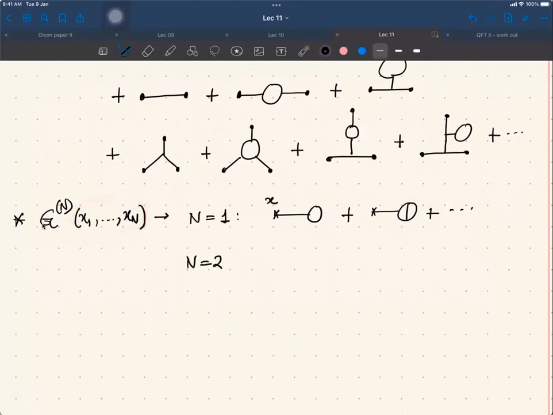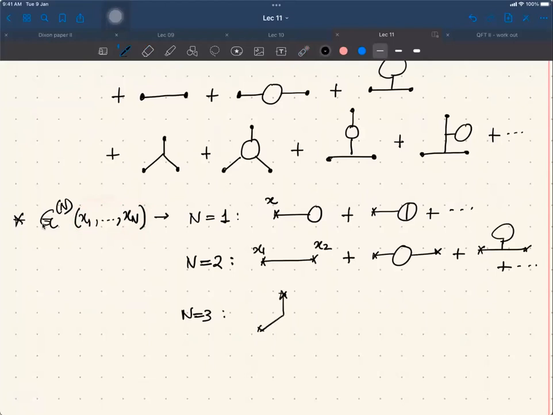For n equal to 2, we have x1, x2, and so on. For n equal to 3, the first diagram is the same, x1, x2, x3.